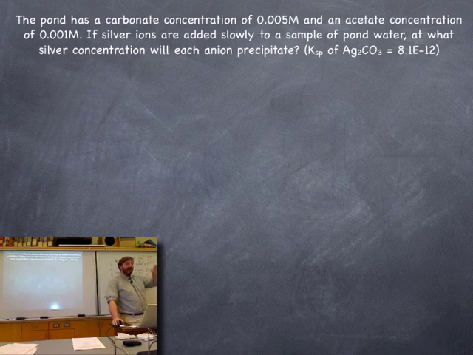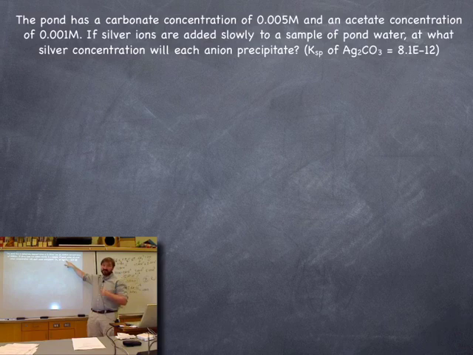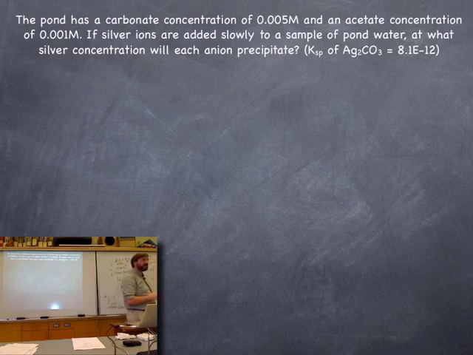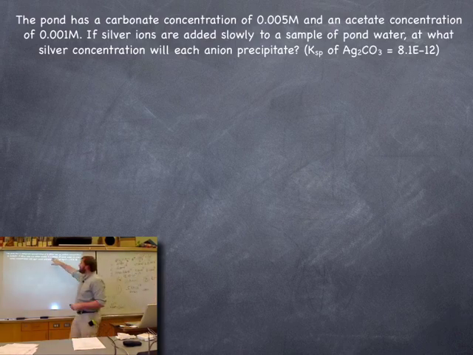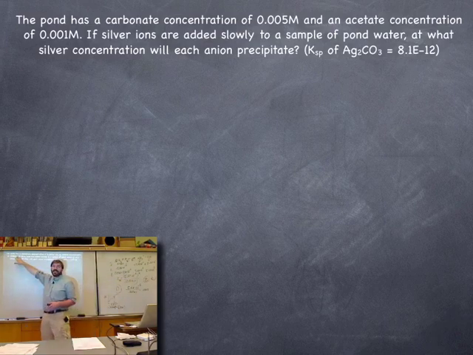I'm going to have an acetate precipitation, the one we've been talking about, and the new one is carbonate precipitating. Silver carbonate is this. Carbonate, which you should have memorized, is CO3 with a 2 minus charge. Take a minute and go through and see, just going to do the same calculation sort of twice. Calculate the concentration of silver ions to precipitate out the carbonate, and silver ions to precipitate out the acetate.